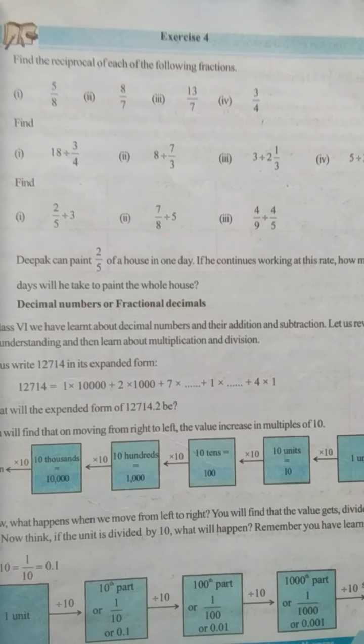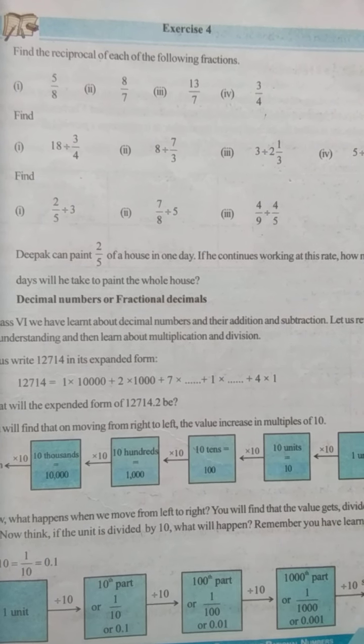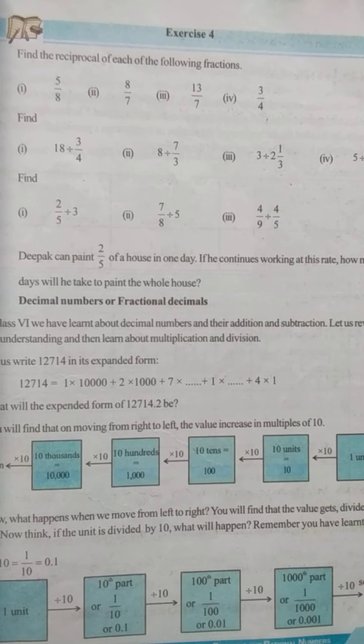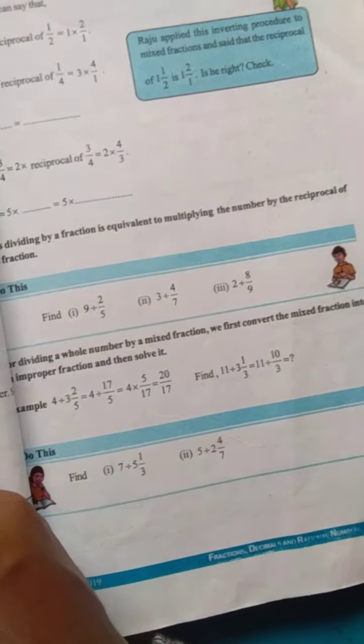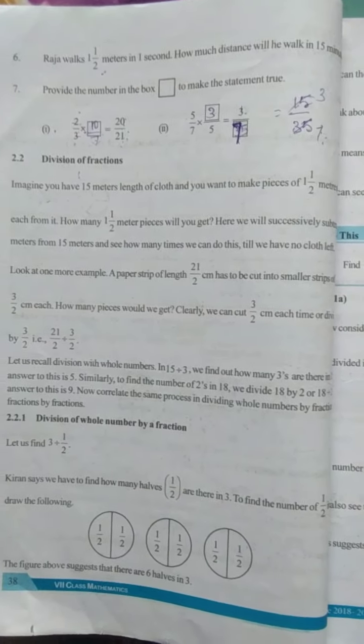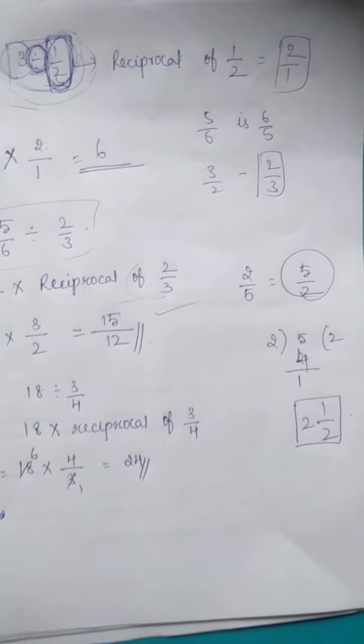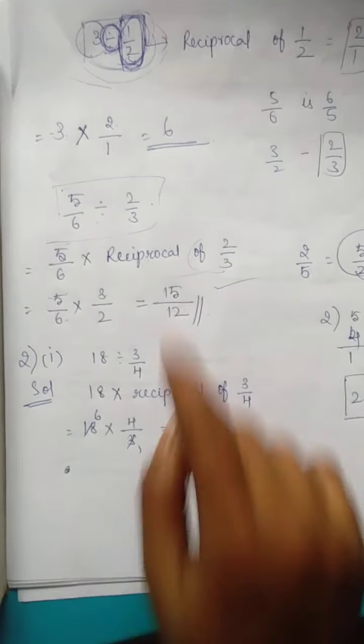Okay, this is about your today's class of exercise 4, and make sure your exercise is completed in your classwork also. After your exercise 3, keep the side heading as division of fractions. After that, write down these examples that I said, up to here.